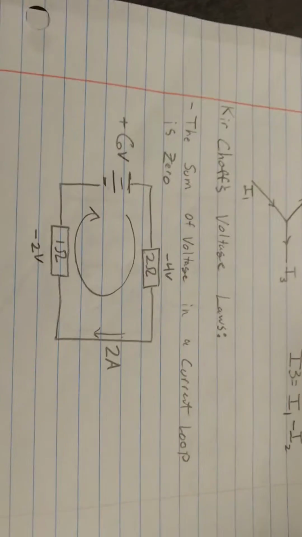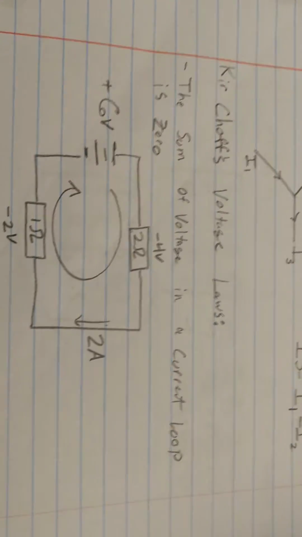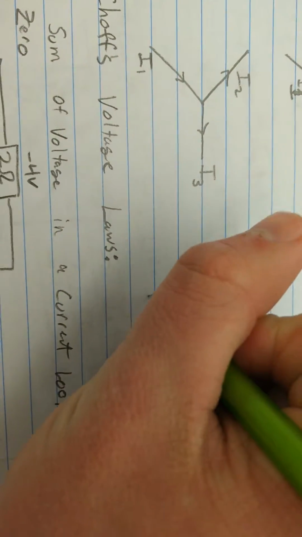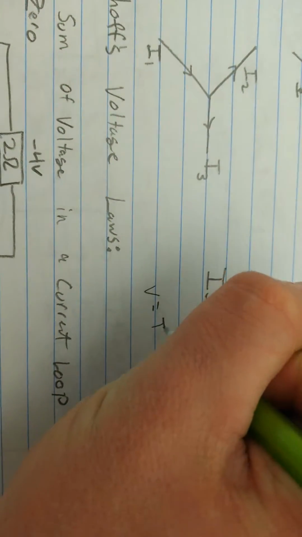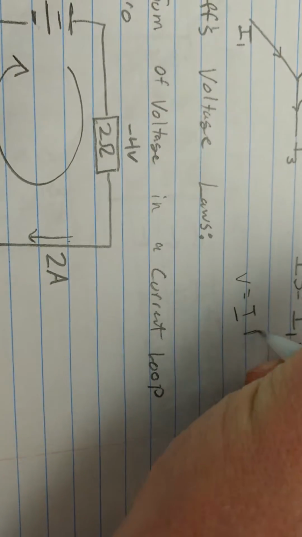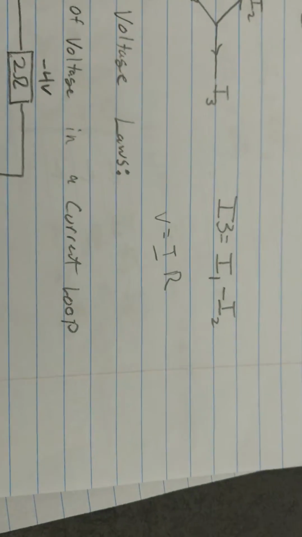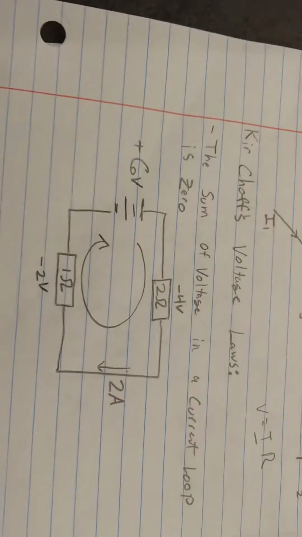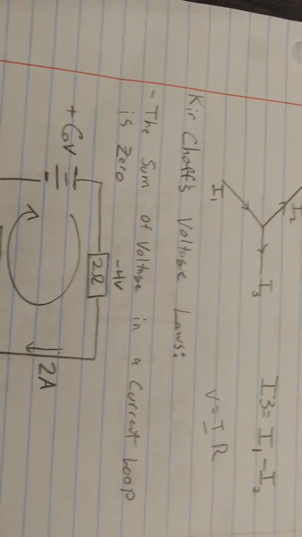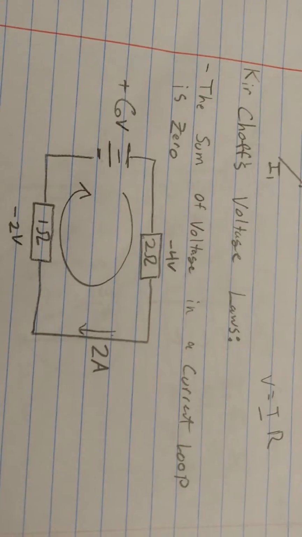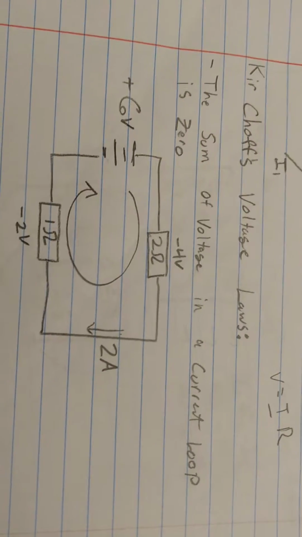which then brings us to voltage. Now, if you're familiar with Ohm's law, which is V equals IR, then you'll know that these circuits have three elements: voltage, current, and resistance.